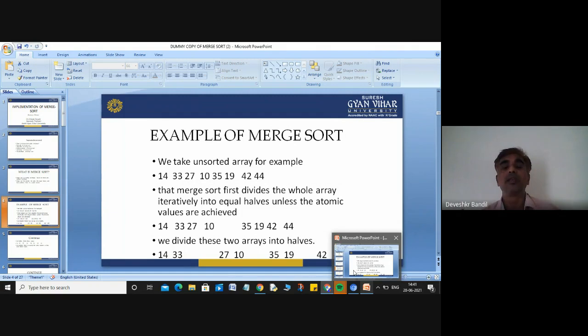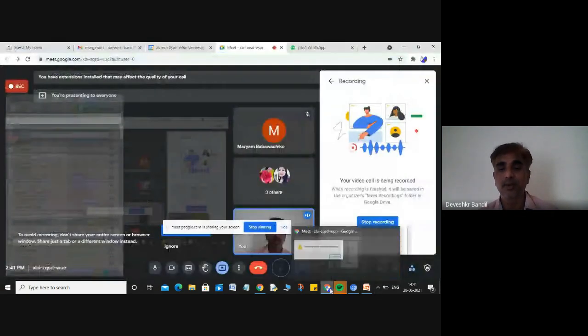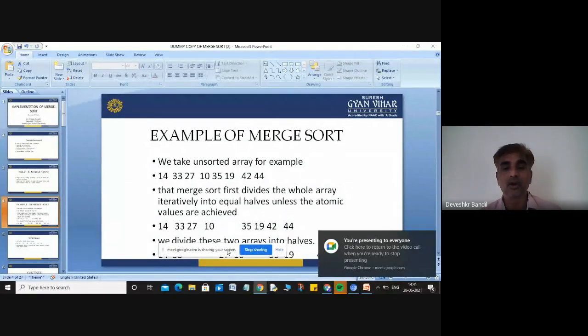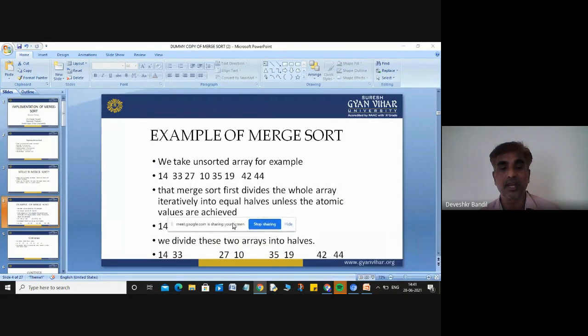The first sub-array contains four items: 14, 33, 27, and 10, and the second is 35, 19, 42, and 44.